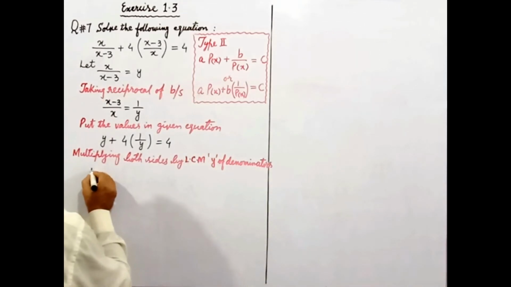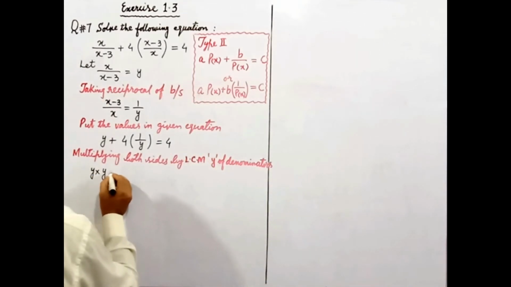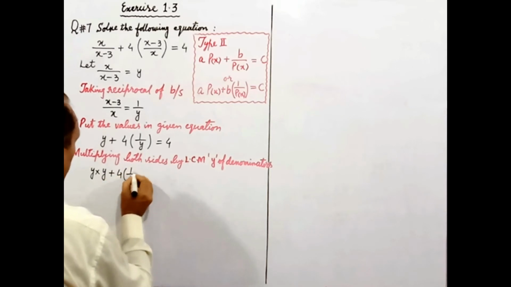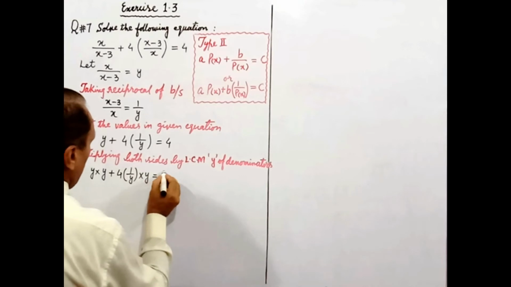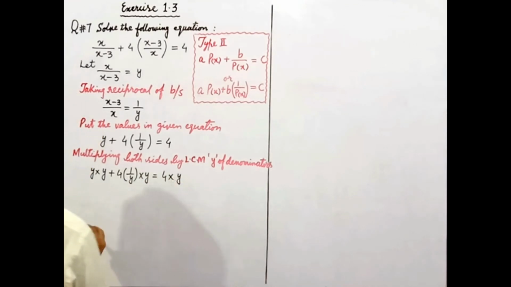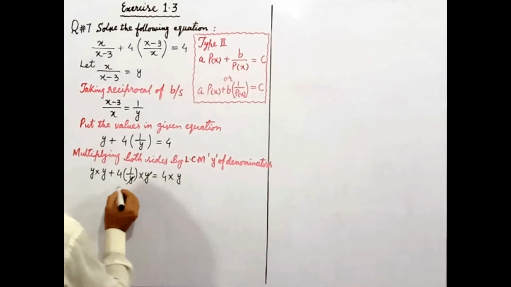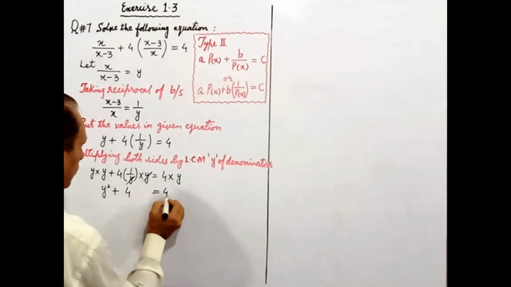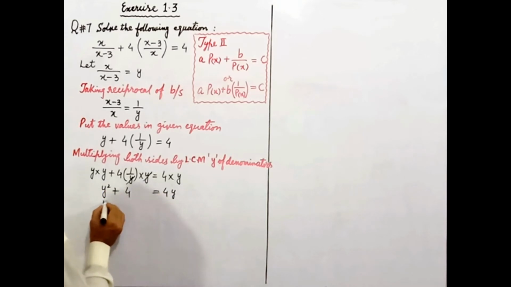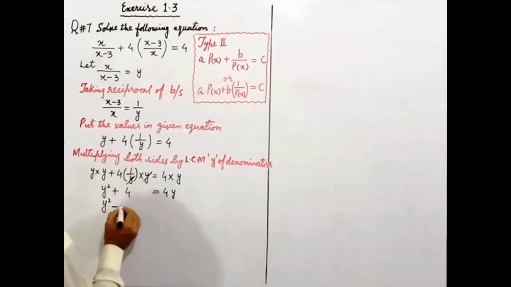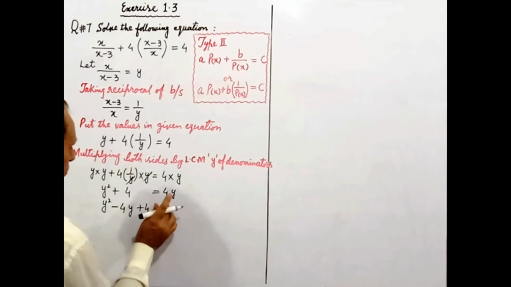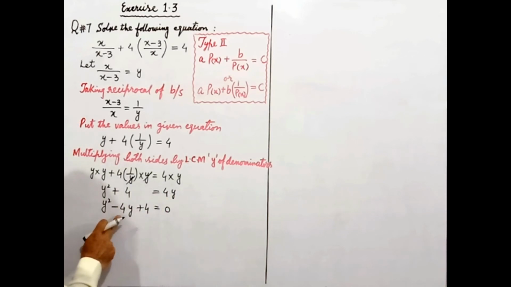we have y multiply y plus 4 into 1 over y multiply y, 4 into y. Y is cancelled by y and we have y square plus 4 is equal to 4y. We write in standard form y square minus 4y plus 4 is equal to 0. 4y is taken to the left hand side, becomes minus 4y.